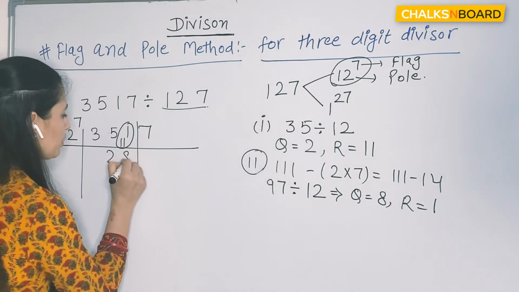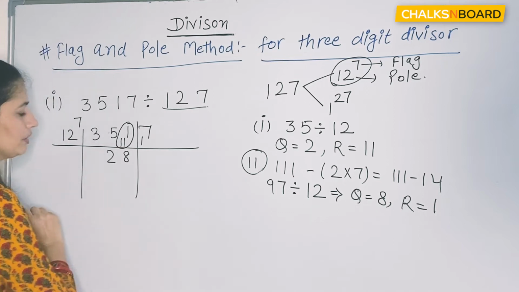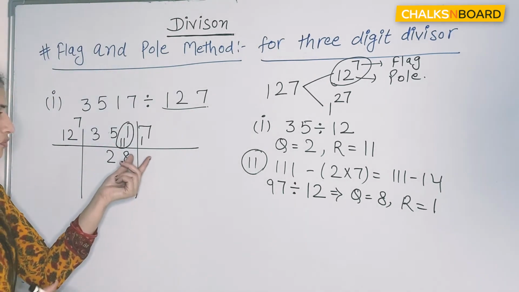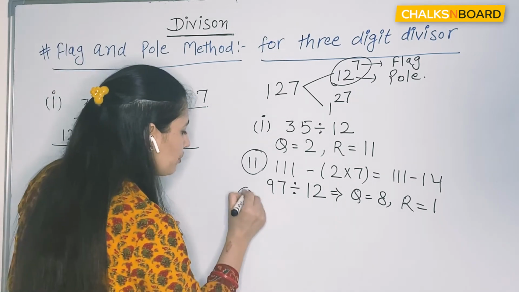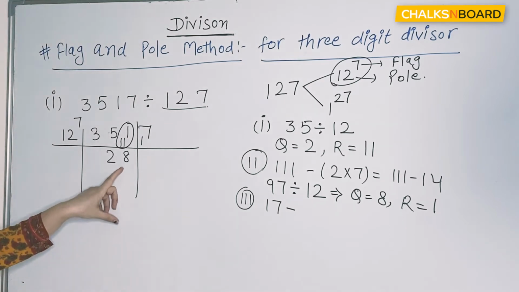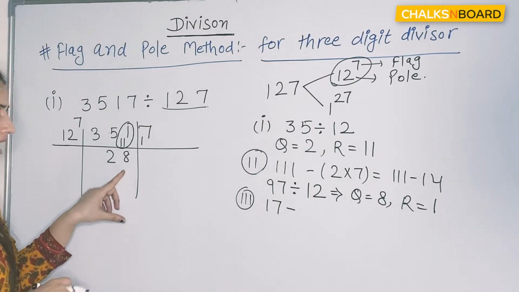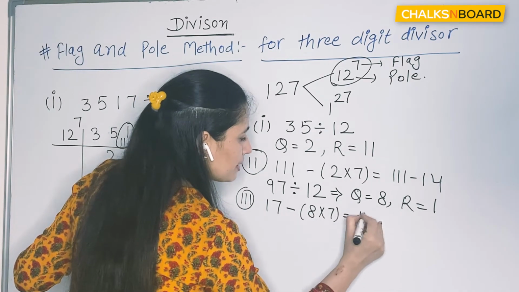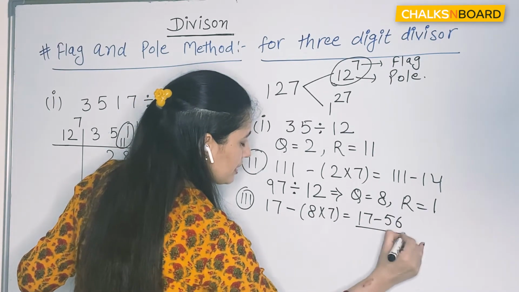Now put here quotient and remainder 1. So what is our next step? Next step, आपका जो next number है वो 17 है. So we have to write 17 and subtract करना है आपको multiplication of the previous quotient, which is 8, with a flag, that is 8 7s are 70 minus 56.